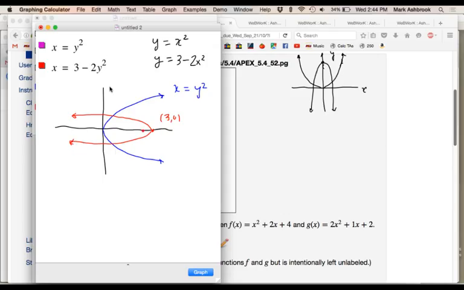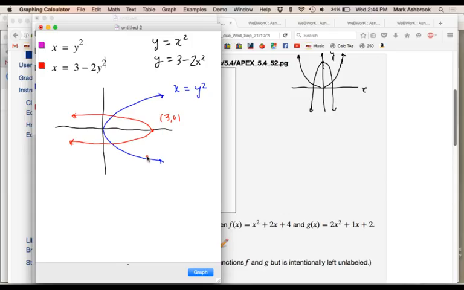So here's the risk. If you solve this for y, and then you put it in your graphing calculator, if you're not careful, you'll only get the top half. And that's not right. You need both halves, right? You only get the top half if you do y equals radical x and don't have the plus or minus. So in order to graph this on a graphing calculator, you need to put in two functions.